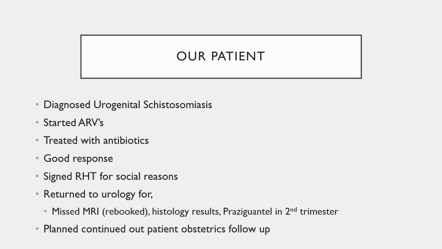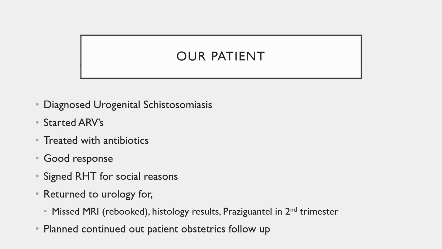So that's how we treat schisto. So we treat it with praziquantel, and it is safe in pregnancy, but the WHO recommends only in the second and the third trimester. There's very poor efficacy data for first trimester, and also we're not sure of any harms that it can do in the first trimester. So we had only given her a dose in the second trimester.